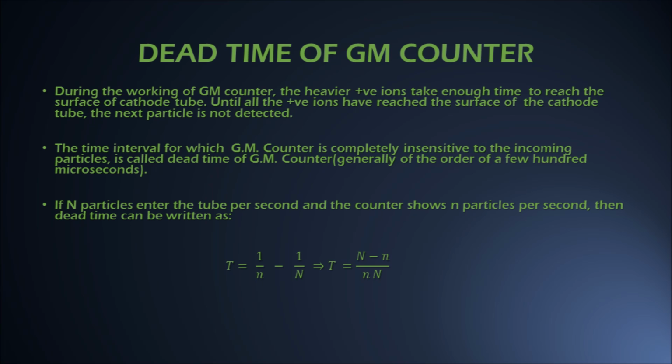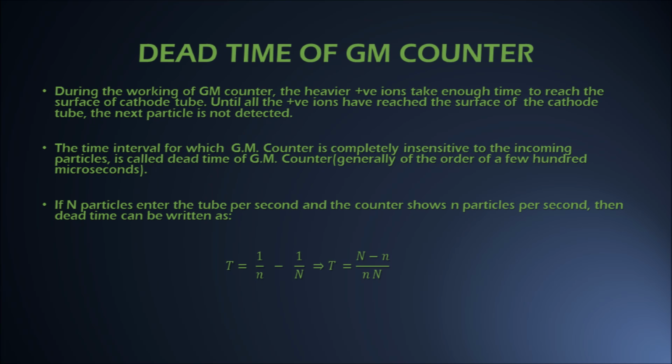The heavier positive ions take enough time to reach the surface of cathode tube. Until all these positive ions reach the surface of cathode tube, the next particle cannot be detected. The interval for which GM counter remains completely insensitive to the next coming particles is called dead time of GM counter.